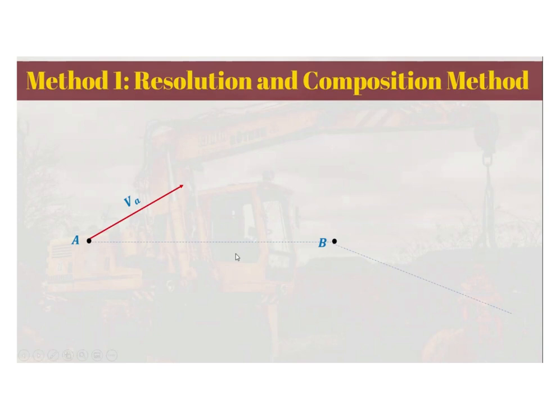So the line joining them is the line AB. Resolve A into two components along and perpendicular to the line joining AB. As you can see here, we have these components perpendicular to the line, and then we have components along the line.